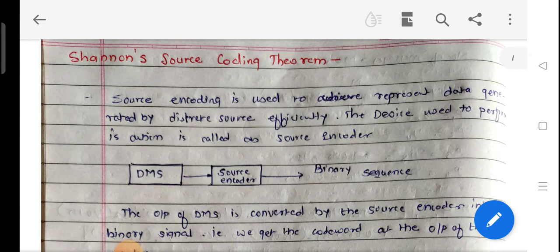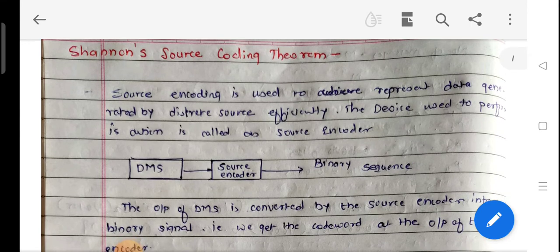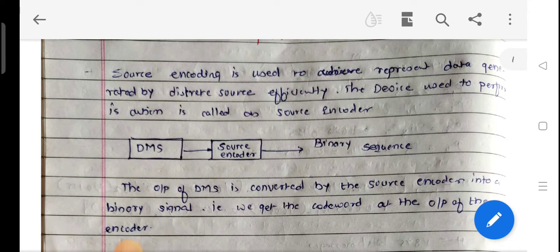So source encoding is used to represent the data generated by a discrete source efficiently, and the device used to perform this function is called a source encoder. Here is one diagram in which we have considered the DMS, the discrete memory source, which generates the information signal in discrete form.